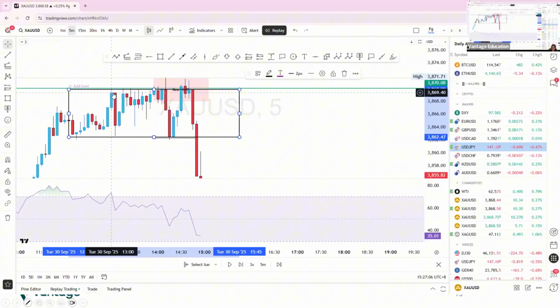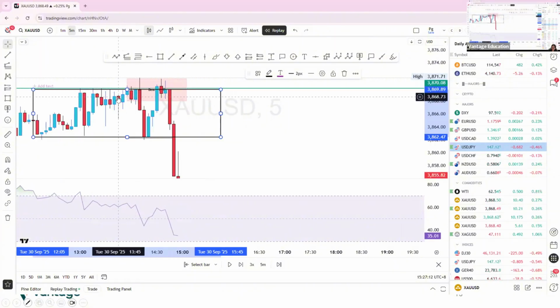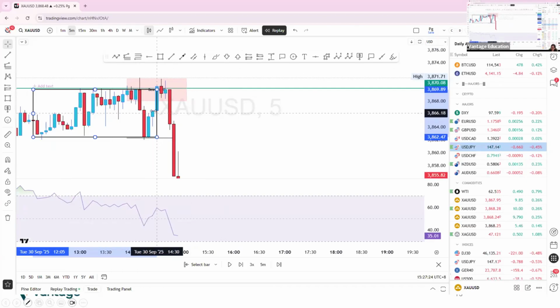Let's say you sell here and then you hold. Let's say you hold, and it goes back up again. As long as price did not hit your stop loss, usually you will put the stop loss at least 30 to 50 pips above the wick, right? Price goes back up, and this is another side of reversal.